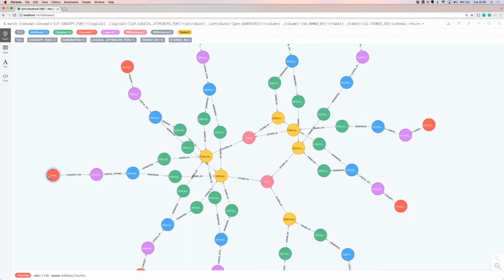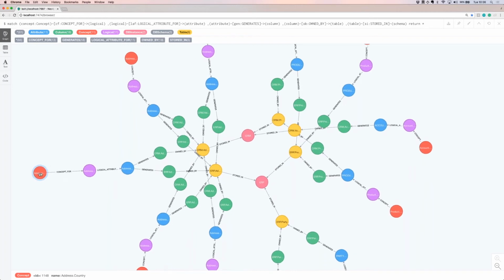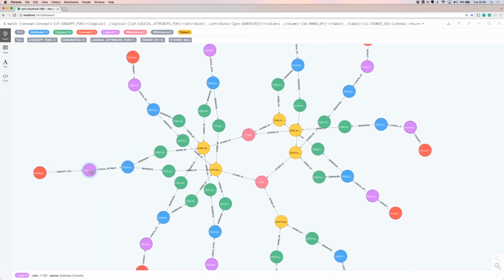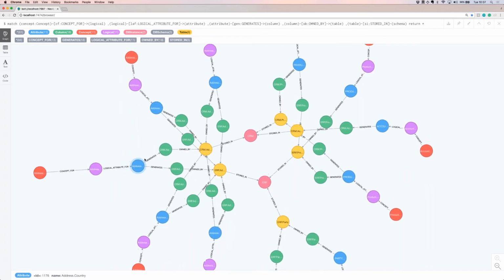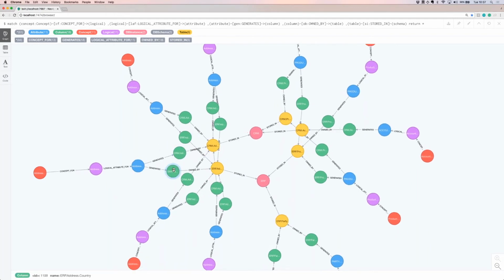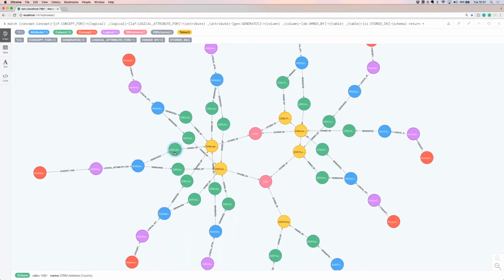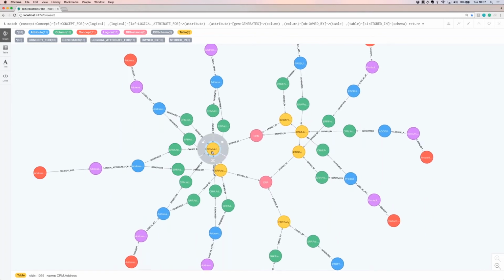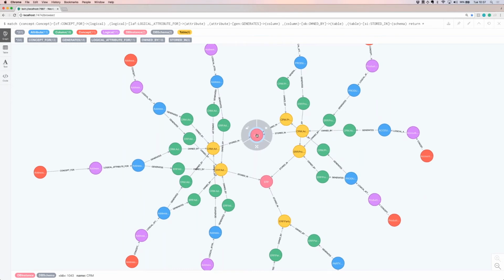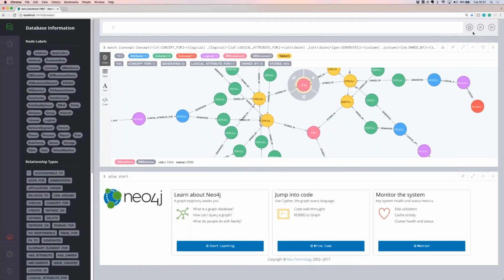If we take, for example, an address here on the left-hand side, we see that it translates into some logical attributes that ultimately generate a number of columns, the green nodes, in relational tables that are stored in database instances. So this whole vertical lineage is what we were seeing in the first of the graphs of GDPR.